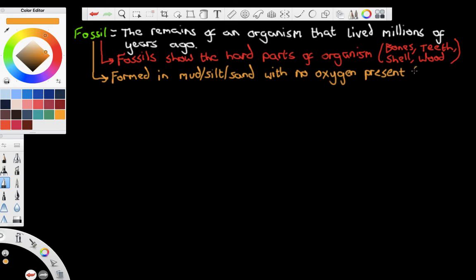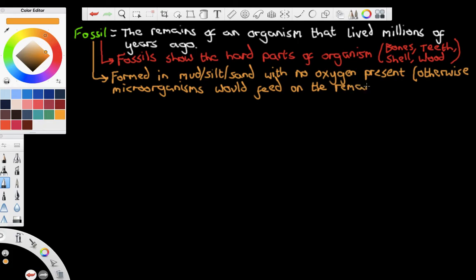So we can say in brackets, otherwise, microorganisms would feed on the body or feed on the remains before it becomes a fossil.